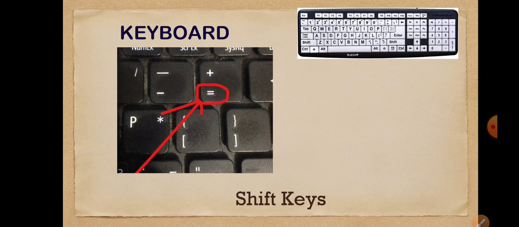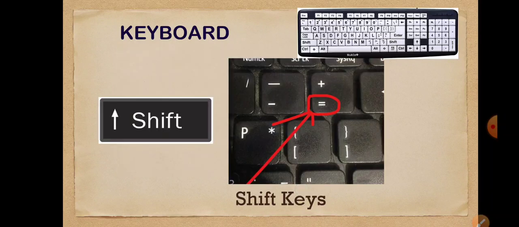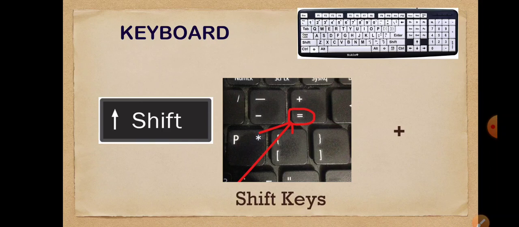Now how we will get? If I press this key with my finger, I'll get an equals to sign, right? But if I press shift and then this key, I'll get a plus sign which is on the top. So if we want the character on the top, we will use shift and that key, and we'll get the character on the top. This is the function of shift key.